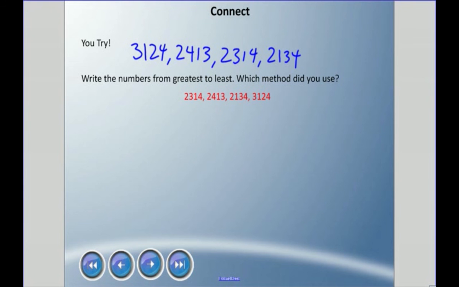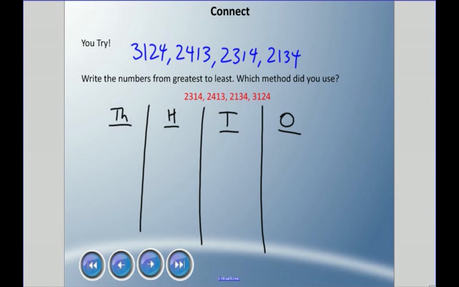Remember there was the method where we used the place value chart, so I'm going to put thousands, hundreds, tens, ones. I'm just going to make a rough one here. And so 2, 3, 1, 4, 2, 4, 1, 3, 2, 1, 3, 4, and 3, 1, 2, 4.